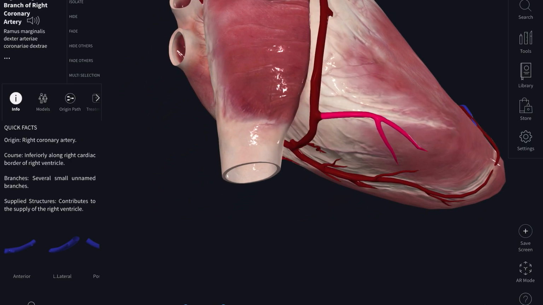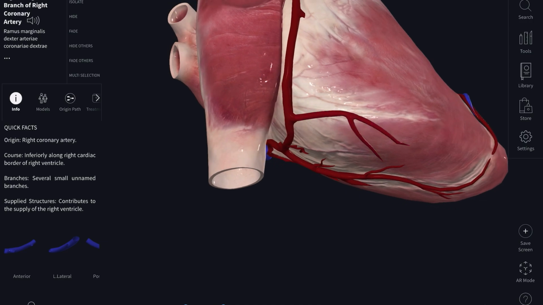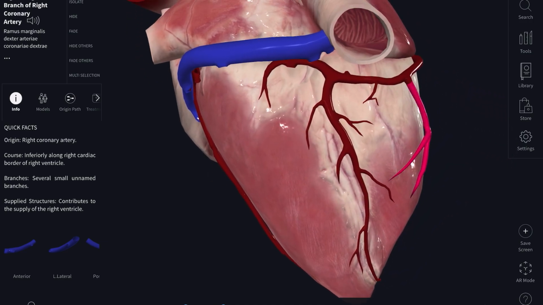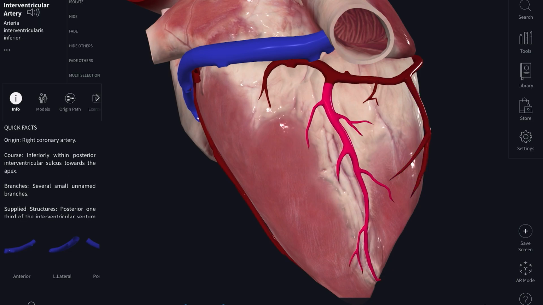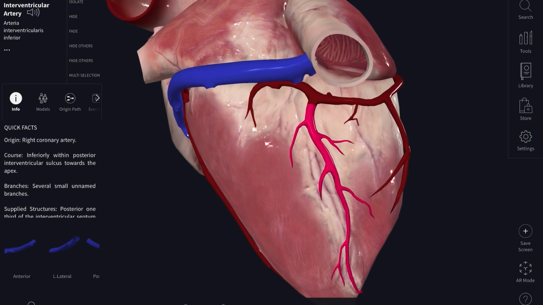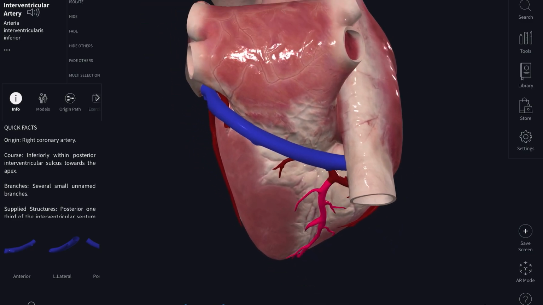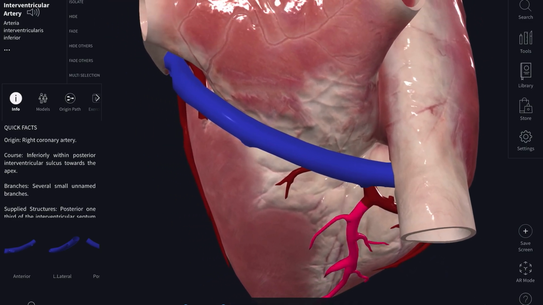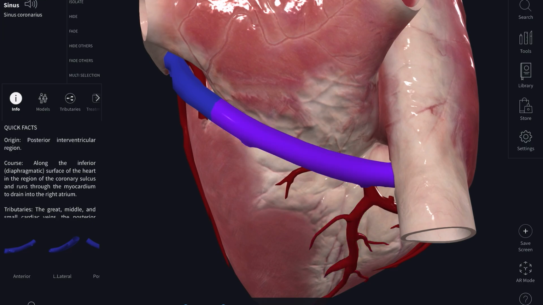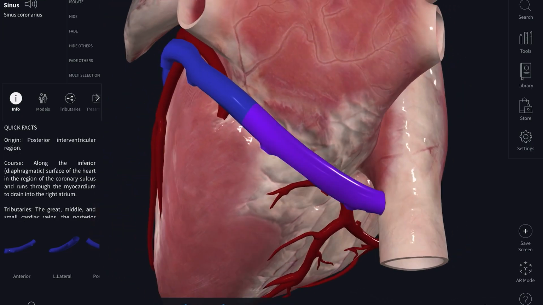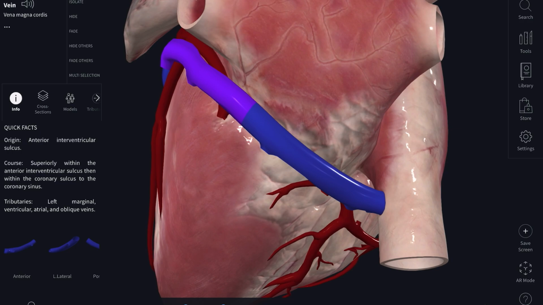And here's our right marginal branch that comes off the coronary artery, and then the inferior interventricular artery. As for veins, you get this great cardiac vein, or this coronary sinus. The coronary sinus is what leads to that great cardiac vein.